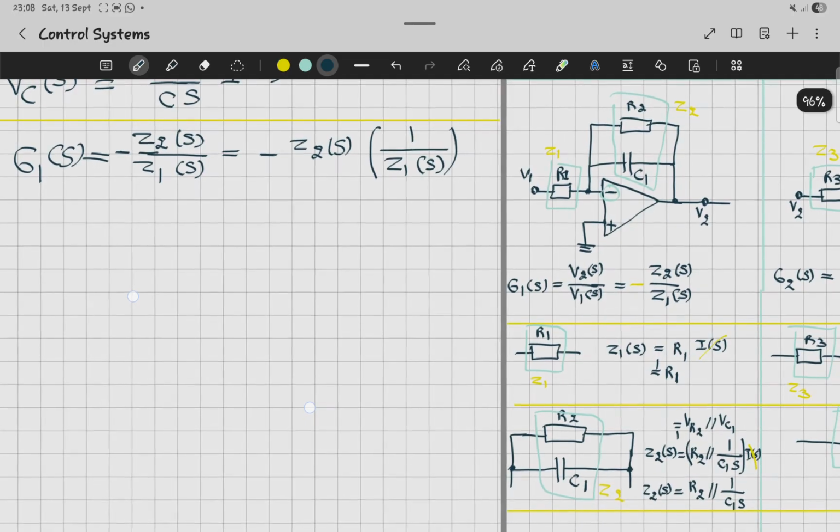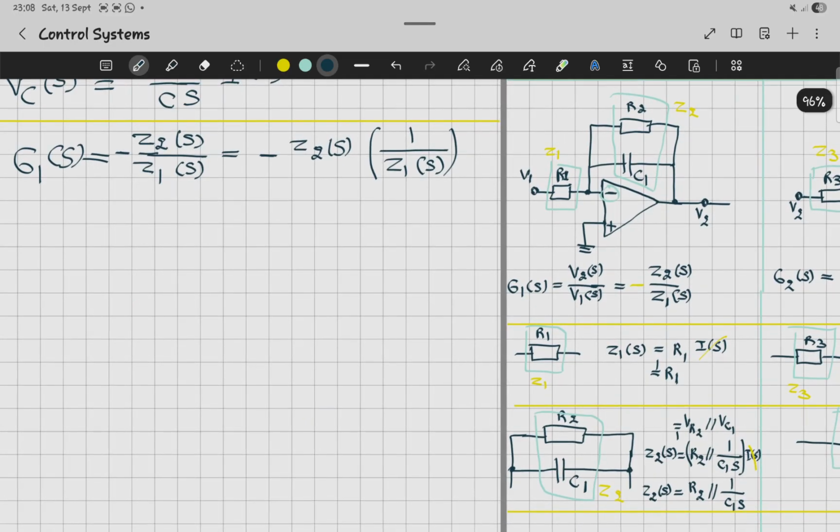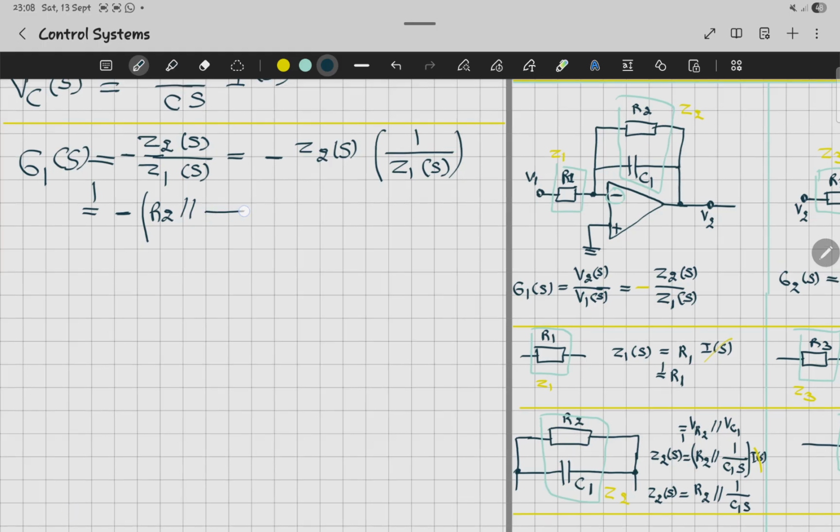We need now to plug the values back inside, and we know it's going to be negative. What is Z2? Z2 is actually R2 parallel 1 over C1 S, times Z1, which is R1.